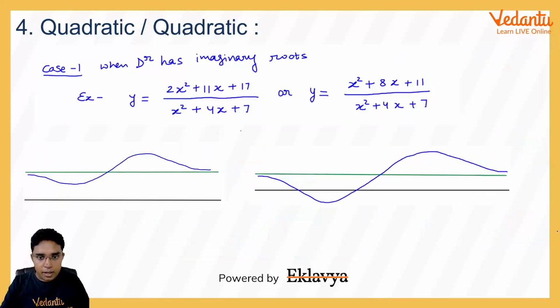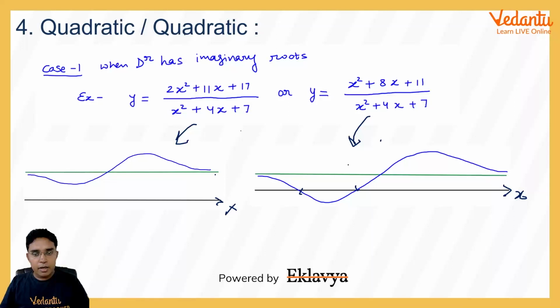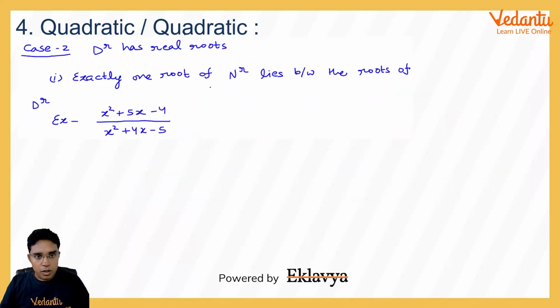I have drawn a fair diagram also. This is corresponding to the first one, this is corresponding to the second one. This is the x-axis, and these are the values of y equal to 1, I think, that I plotted there, and y is equal to 2 here.